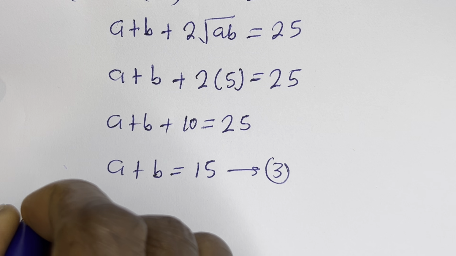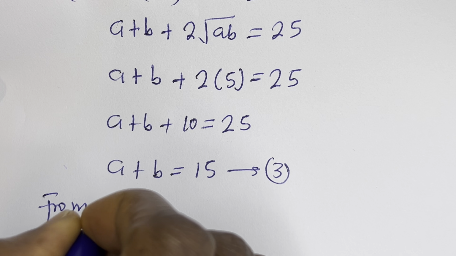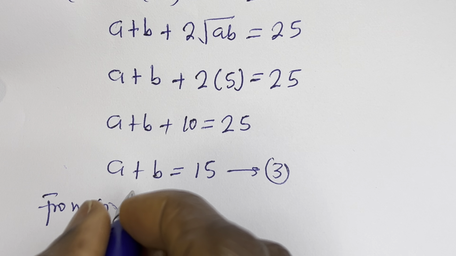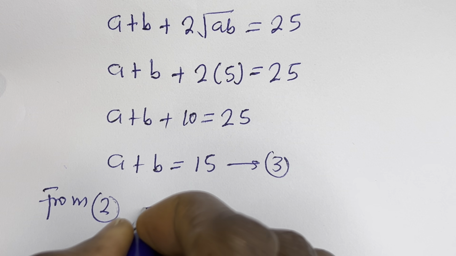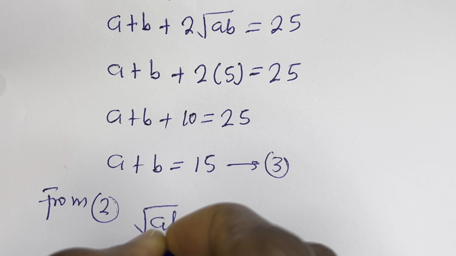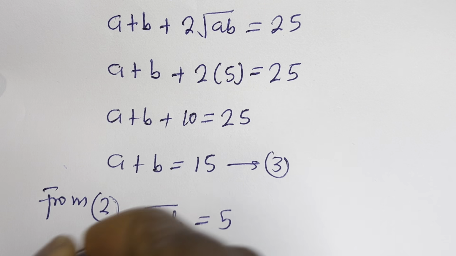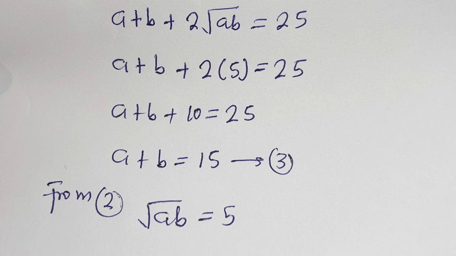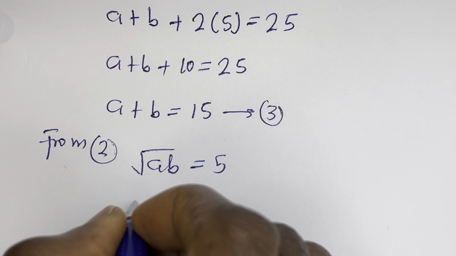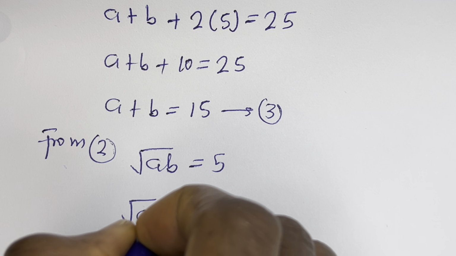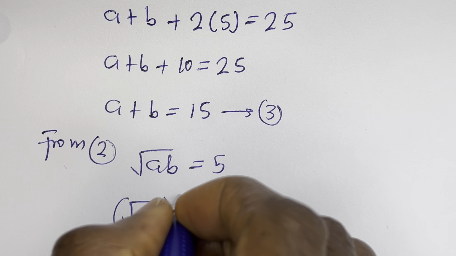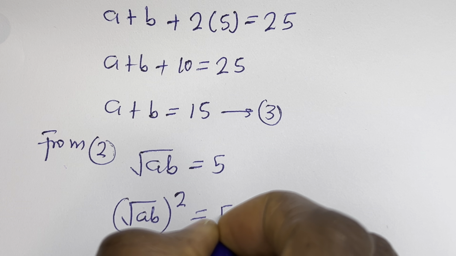Now from equation 2, that is square root of ab is equal to 5. Now let's square both sides again. Square root of ab all squared is equal to 5 squared.